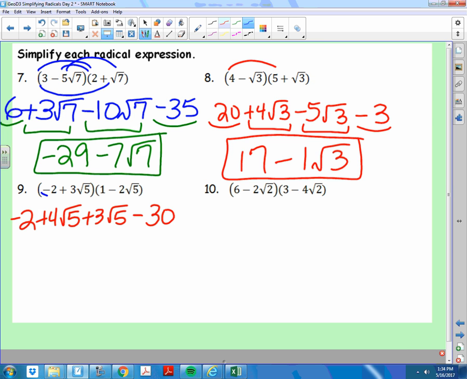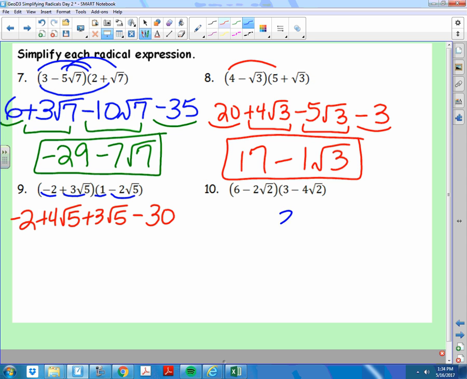First 2, which is negative 2 times 1. Outside 2, negative 2 times negative 2 root 5 is positive 4 root 5. Inside 2 is plus 3 root 5. And the last 2, guys: it's basically 3 root 5 times negative 2 root 5.